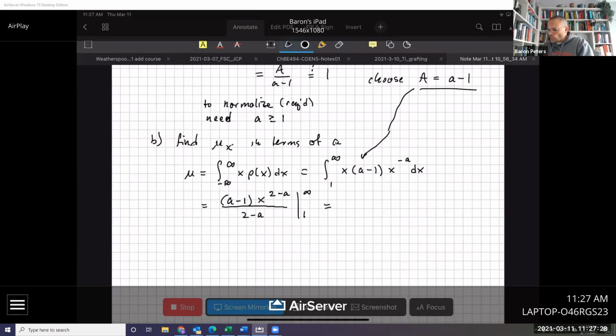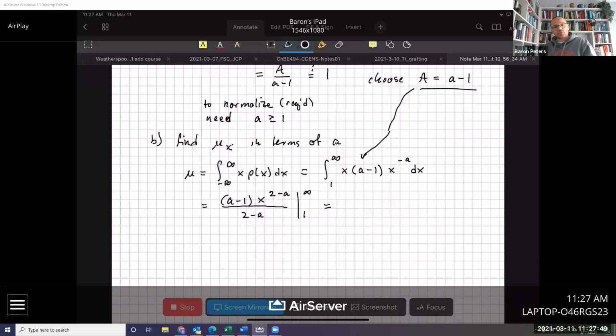And so what happens when I let x go to infinity? Well, assuming that a is bigger than 2, then this thing in the numerator is going to vanish, okay? If I let a be smaller than 2, then I have a divergent thing upstairs again, okay?